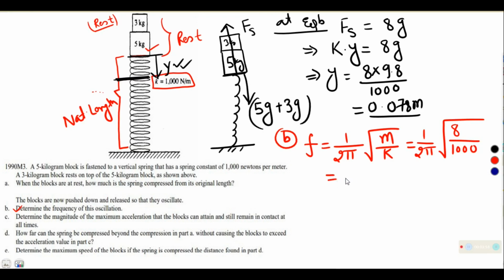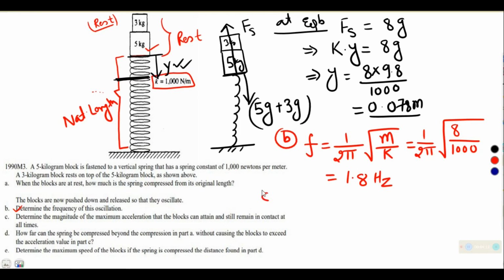After solving this, you will get approximately 1.8 hertz. So this is the answer of part B.